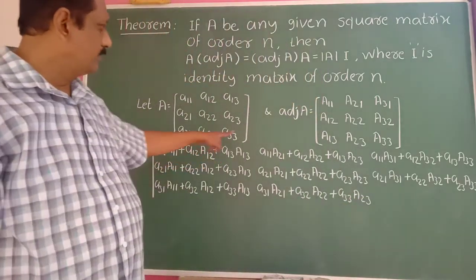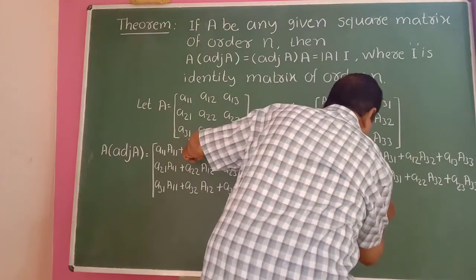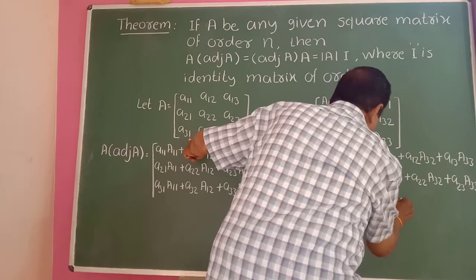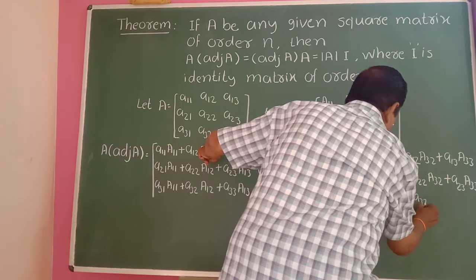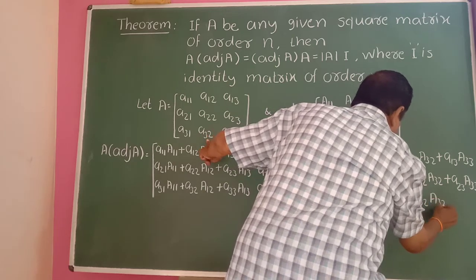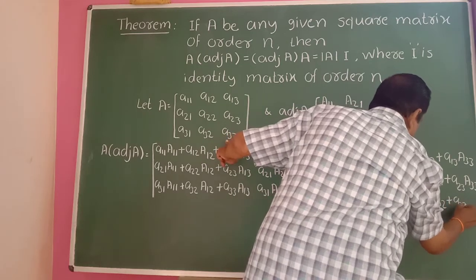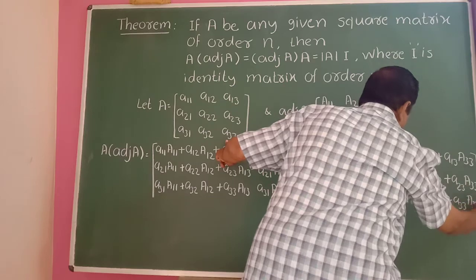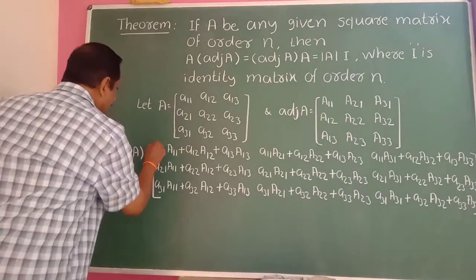Then multiply this row with the third column: A31 into A31, plus A32 into A32, plus A33 into capital A33. So this is the resulting matrix.